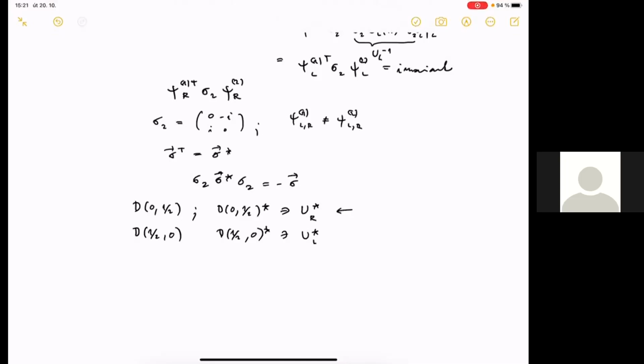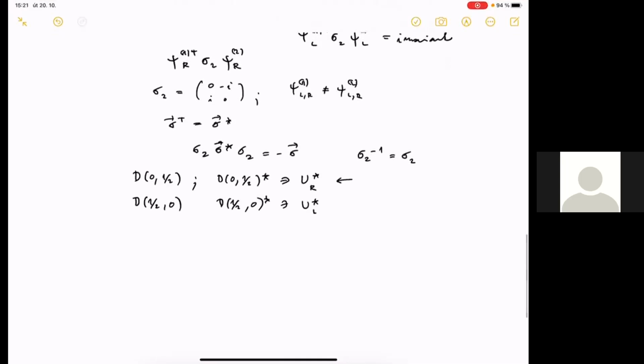So let us use that sigma 2 inverse is just sigma 2, because the square of sigma 2 is just 1. So we can write sigma 2 to the -1 times U_R or L complex conjugated times sigma 2. And what do we get? We get sigma 2 times the exponential of i/2 sigma times phi plus minus i u, complex conjugated, times sigma 2.